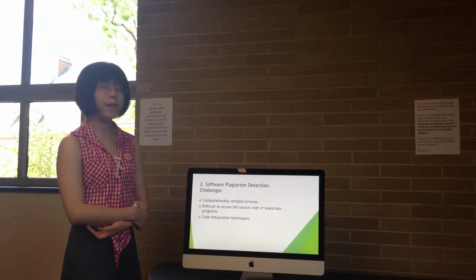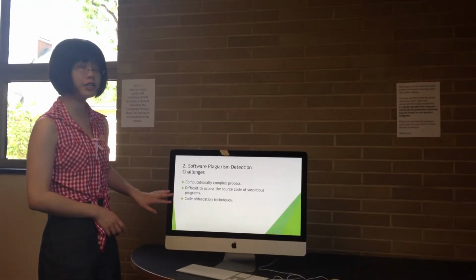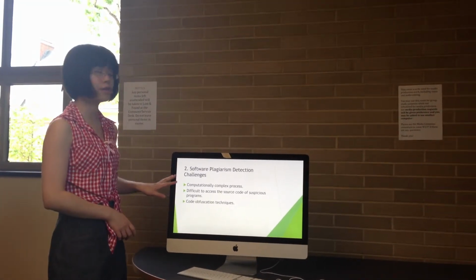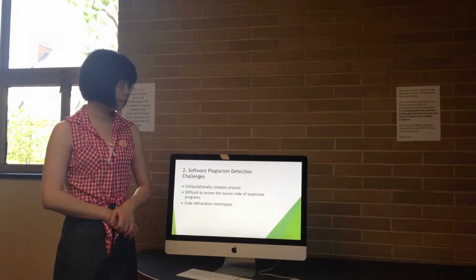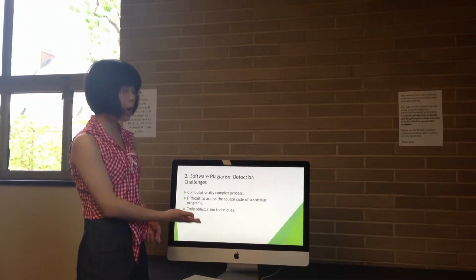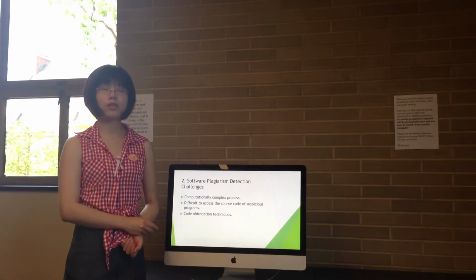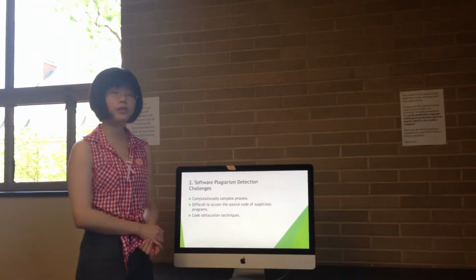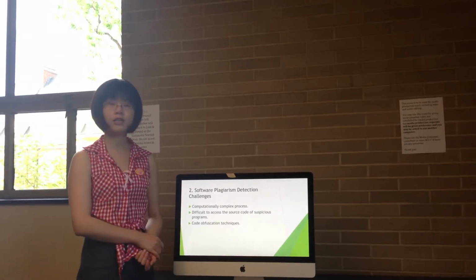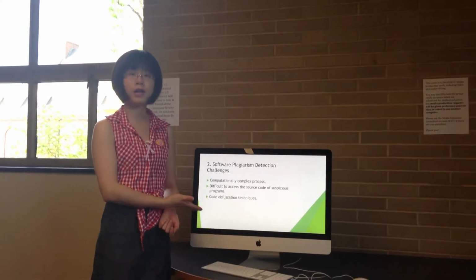Software plagiarism detection has a lot of challenges, and here are the three most important and significant challenges that software plagiarism detection faces. The first challenge is that it's a very computationally complex process, and also it's difficult to access the source code of the suspicious program. And the last challenge is because of code obfuscation techniques. Later, I will introduce each of the challenges.